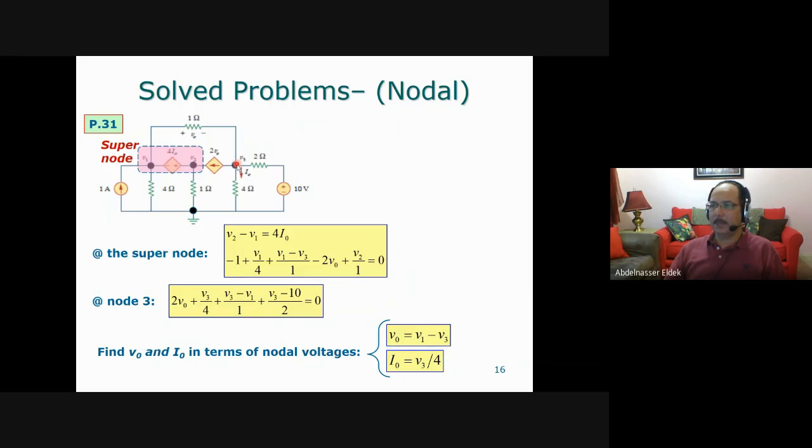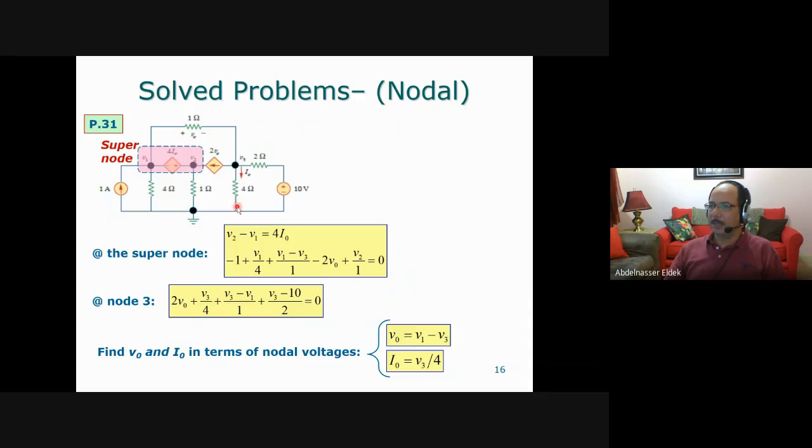Then you write the equation at V3, which is very simple. For V3, this current is just 2V0 from V3 to V2. This current here from V3 to V1 will be V3 minus V1 over 1 ohm.